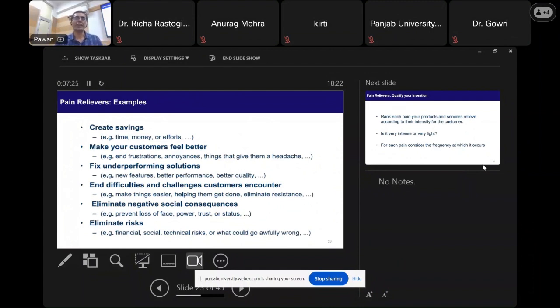So saying if you take this medicine for 3 months, you will lose 10 kgs over a period of 1 year. So that's again a type of pain. Third could be pain like you are fixing an underperforming solution. Maybe you have come up with a better car which is more durable. You have come up with a phone which has a long lasting battery.